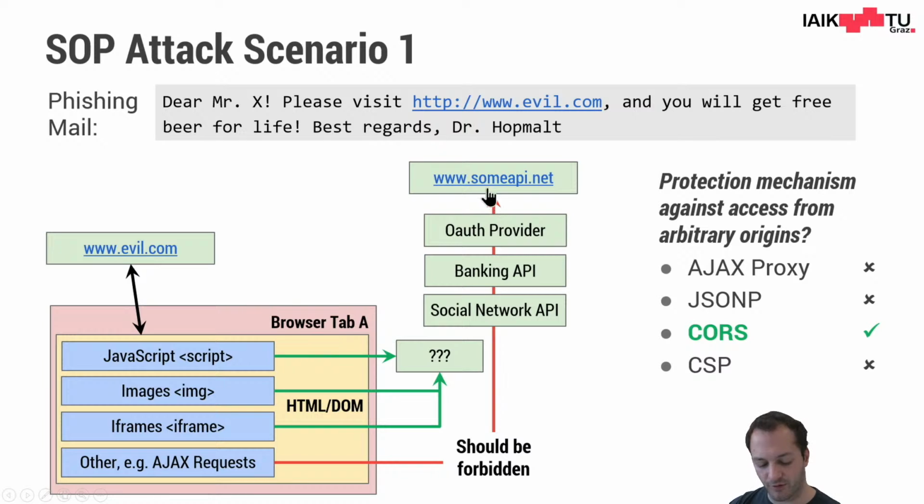But if I'm running this API, some API.net, if I'm the owner of that API and I want to prevent that someone like evil.com calls it, I just use CORS for that. And thereby, as you've seen in the example before, you'd say this API should only be called by the allowed origin header, which would only be, for example, my social network, my banking website, but not evil.com.